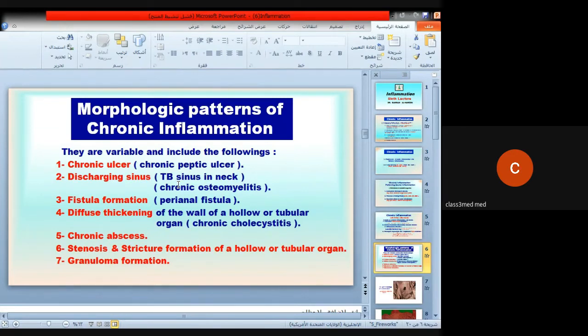In cases of tubercular sinus in the neck, the sinus connects between the skin and underlying lymph node. The lymph node شنو بيها؟ tuberculosis with caseous necrosis. بس راح يصير discharging of the caseous material to the skin.